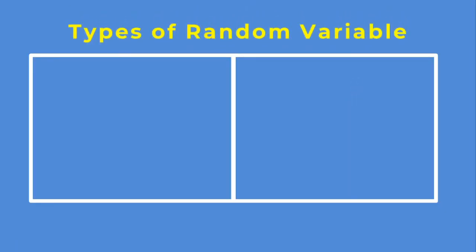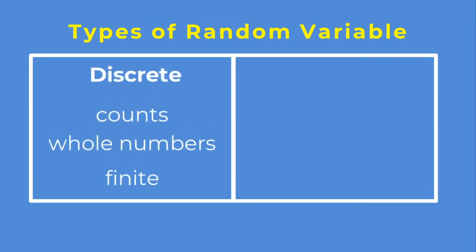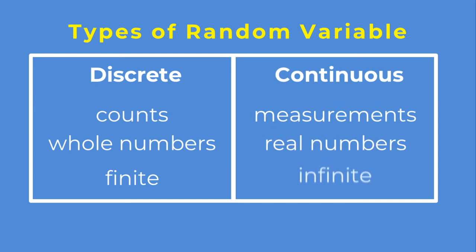Okay, there are two types of random variable. Merong discrete random variable at may continuous random variable. Sa discrete, it usually arises from counts. While sa continuous, ito yung measurements such as height, weight, temperature. So dito sa discrete, gumagamit tayo ng whole numbers lang. Unlike sa continuous, pwede tayong gumamit ng real numbers.